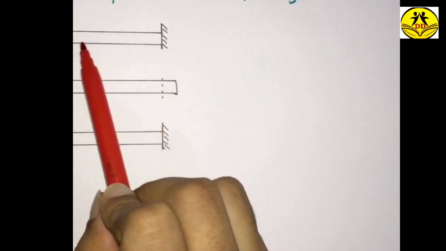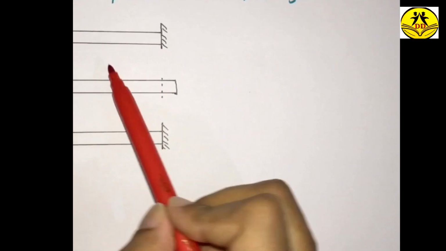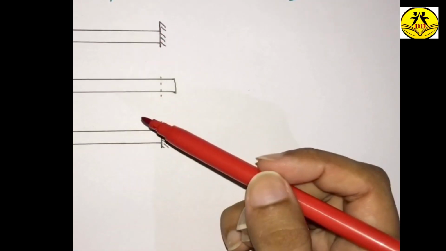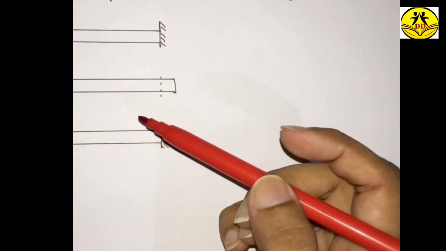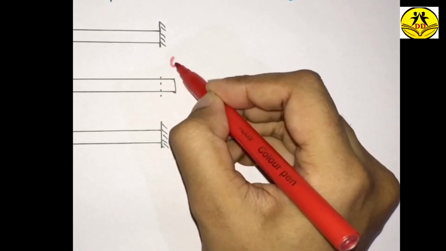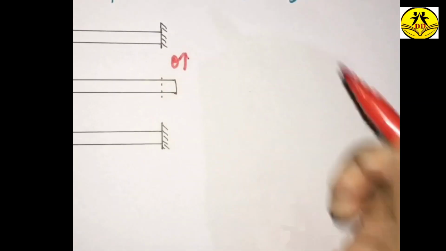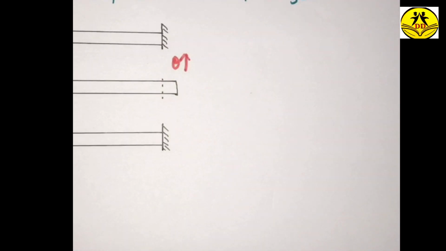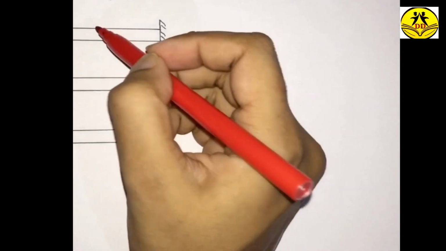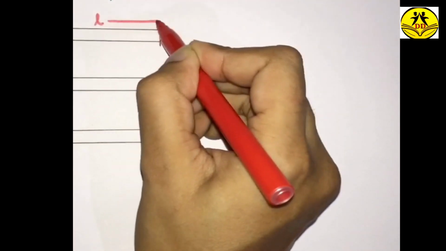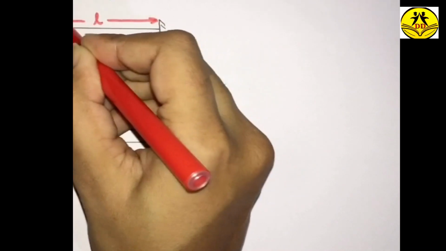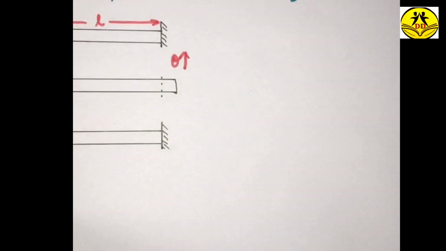Let's say the temperature is increased by theta degrees, and let's take the original length as L.